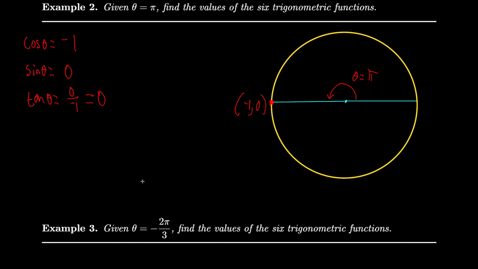Now we get into the weird ones, and this is sort of the big point that I wanted to make. We can look at cotangent. So cotangent of theta is, well, it's just this but flipped. It's -1 over 0, so it is undefined. You can't divide by 0, so it's undefined.